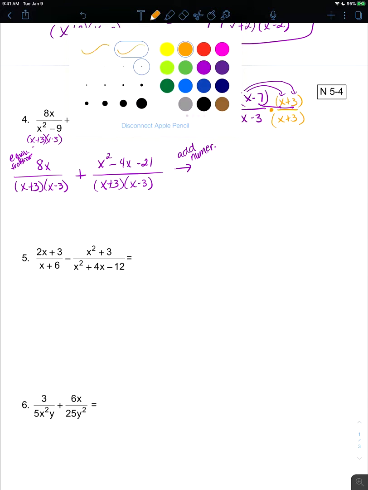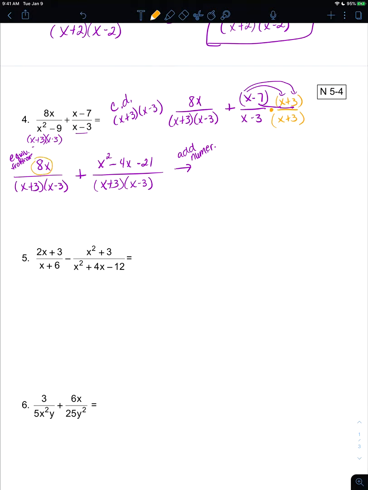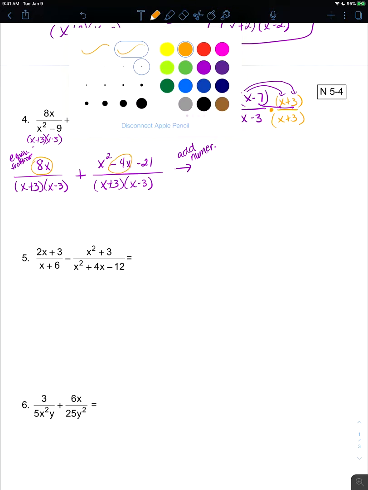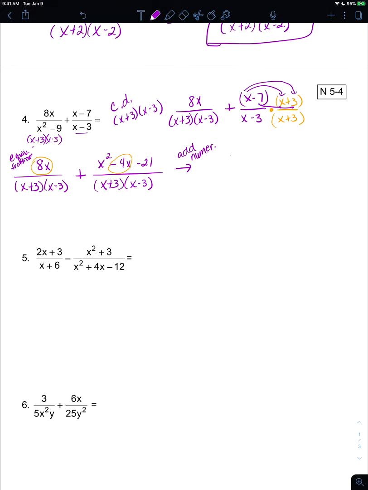Well, the only terms that you can join are going to be the 8x and the negative 4x. So that is going to give us x squared plus 4x, because we've got a positive 8x minus the 4x gives us a positive 4x, minus the 21 all over that x plus 3, x minus 3.